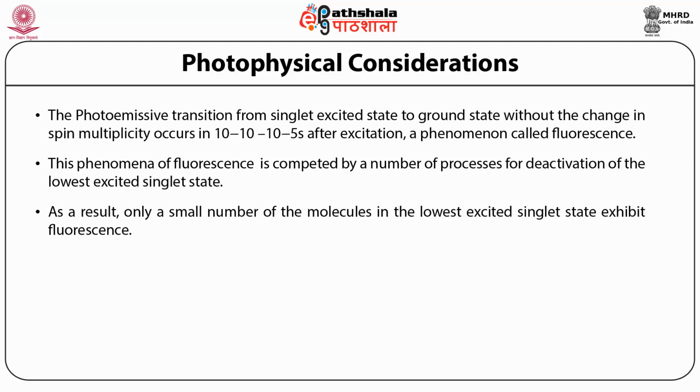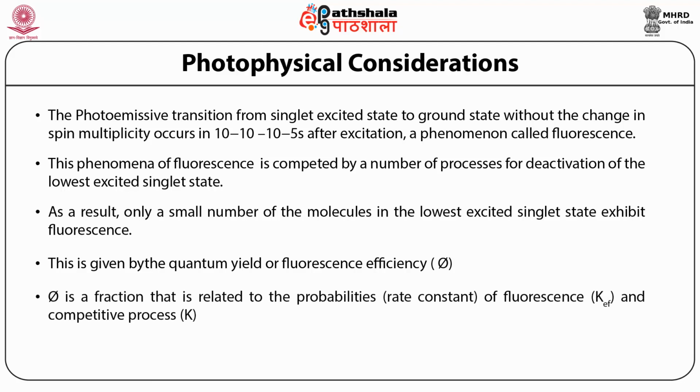There are only a small number of molecules which come to the lowest floor, or we can say ground state, after releasing energy in the form of light. This is given by a term called quantum yield and is represented by phi. This phi is a fraction that is related to the probabilities or rate constants of fluorescence and competitive processes, and in some exceptions it approaches 1. For example, in case of fluorescein.